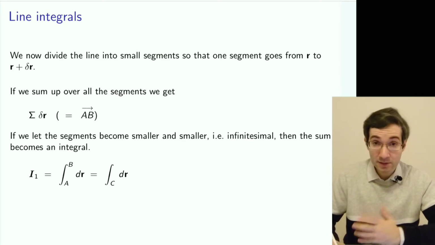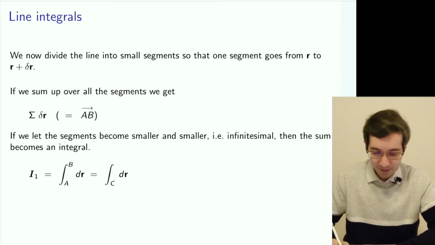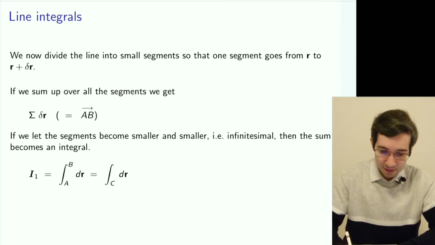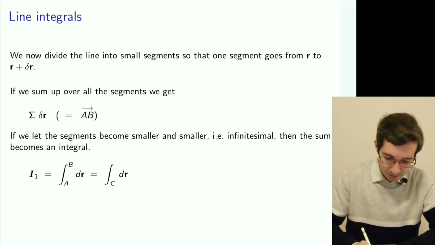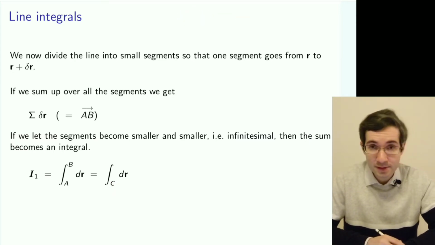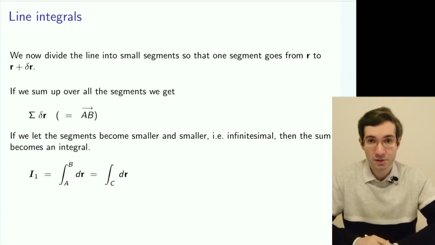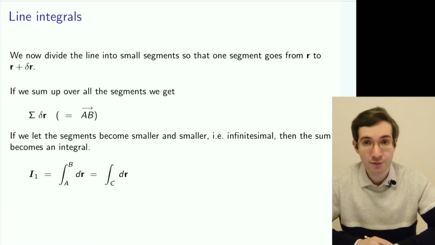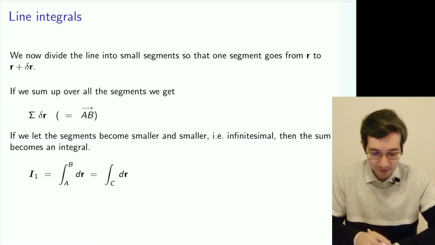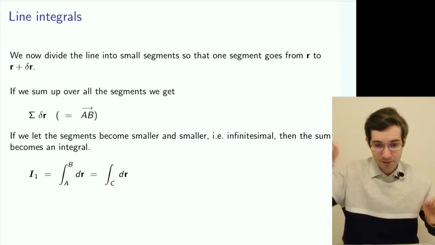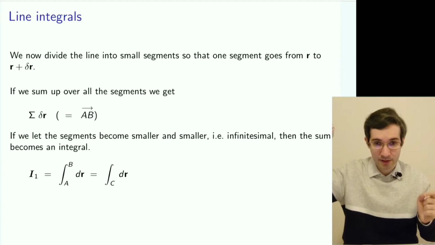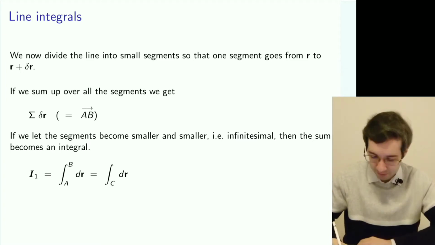And this integral is an example of the line integral, where we call curly C the path of integration, or the line of integration. So this is the curve along which we integrate. But it's a rather boring integral because it just gives you the length of the vector connecting A and B and also its orientation. So you just get a vector connecting A and B. So it's not a particularly exciting integral.